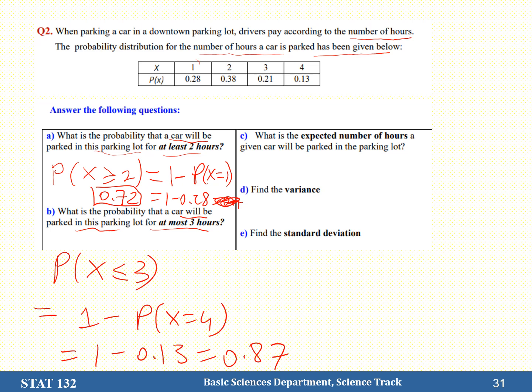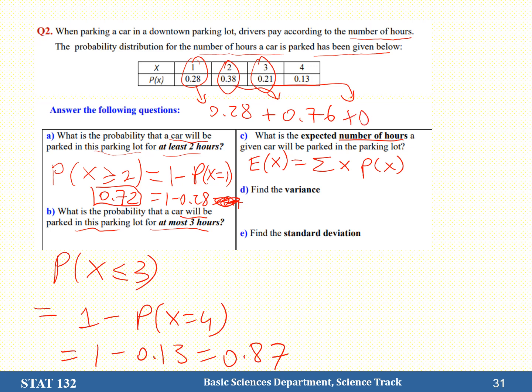So what is the expected number of hours a given car will be parked in the parking lot? So the expected value of x is equal to the sum of x times p of x. Now we can do it here. 1 times 0.28 plus 2 times 0.38, 0.76, and 3 times this one, it will be 0.63, and 4 times this one, it will be just 0.52.